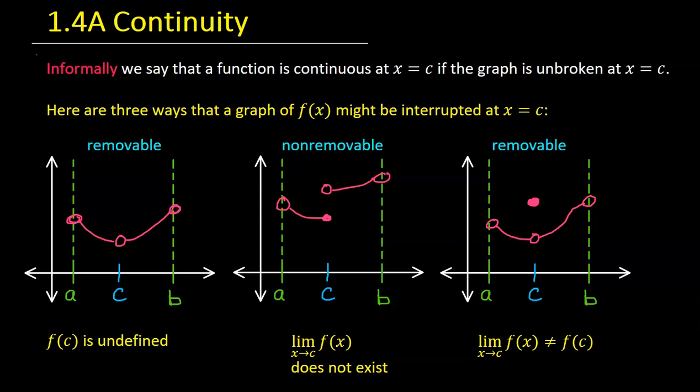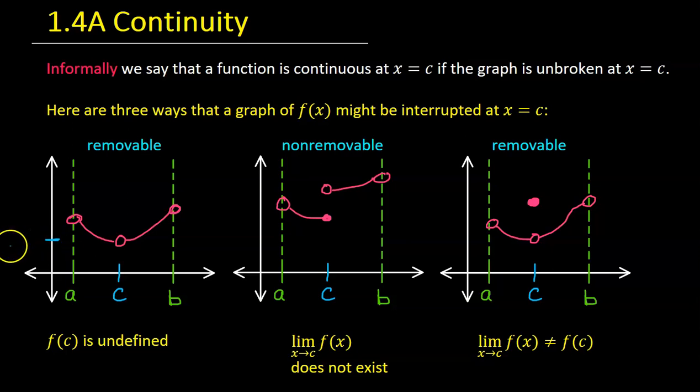Before we move on, I need to add these two words to your vocabulary. Discontinuities can be categorized as either removable or non-removable. The reason why we call this type of interruption in the graph removable is because we can repair the break in the graph just by defining f at c properly.